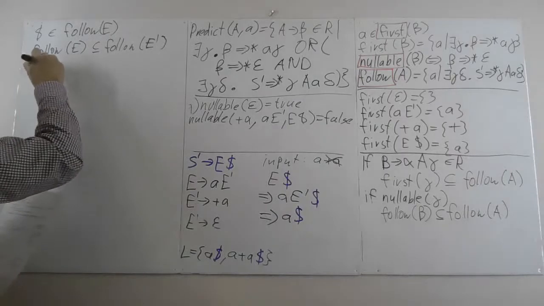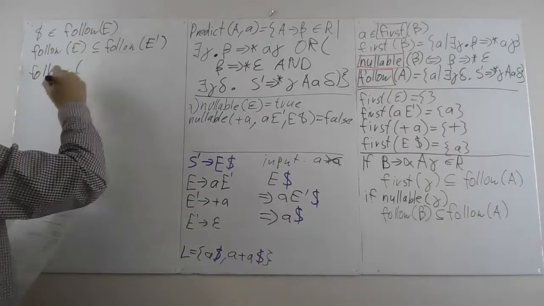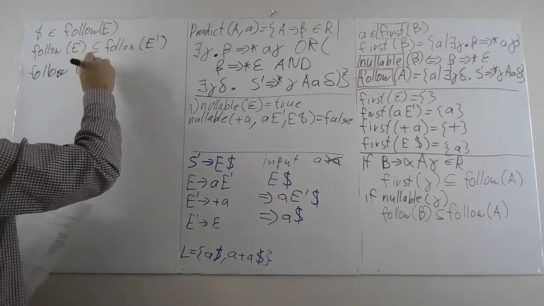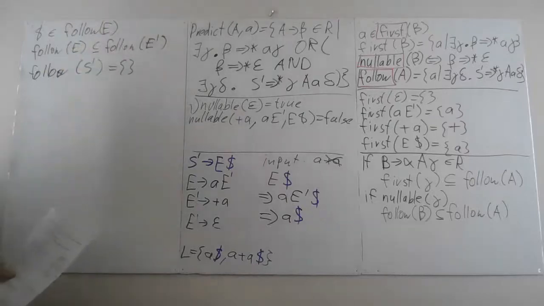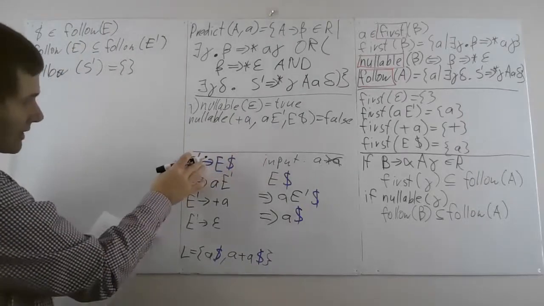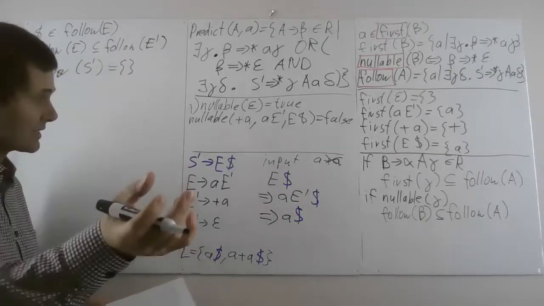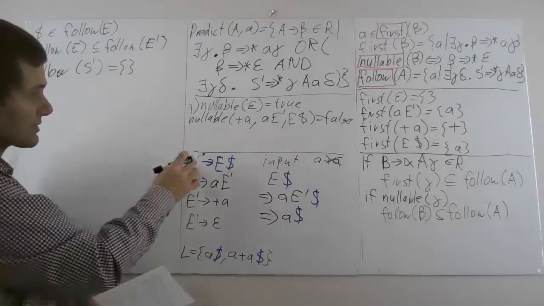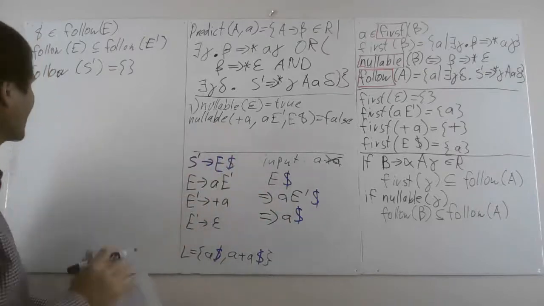So for the follow set of S prime here, I just have the empty set. I have no constraints that would tell me that S prime could ever be followed by anything. And it can't. I mean, S prime only ever happens as the start symbol, and it immediately goes away, and then it never comes back.